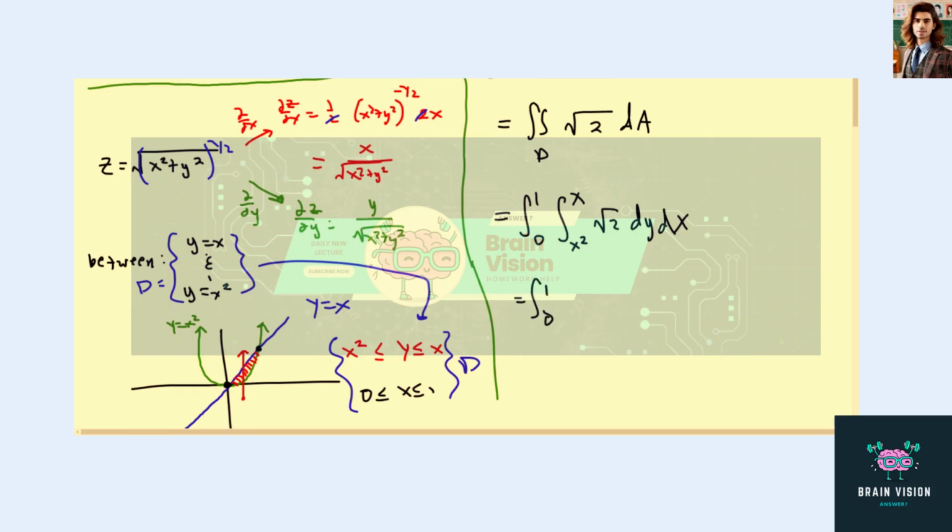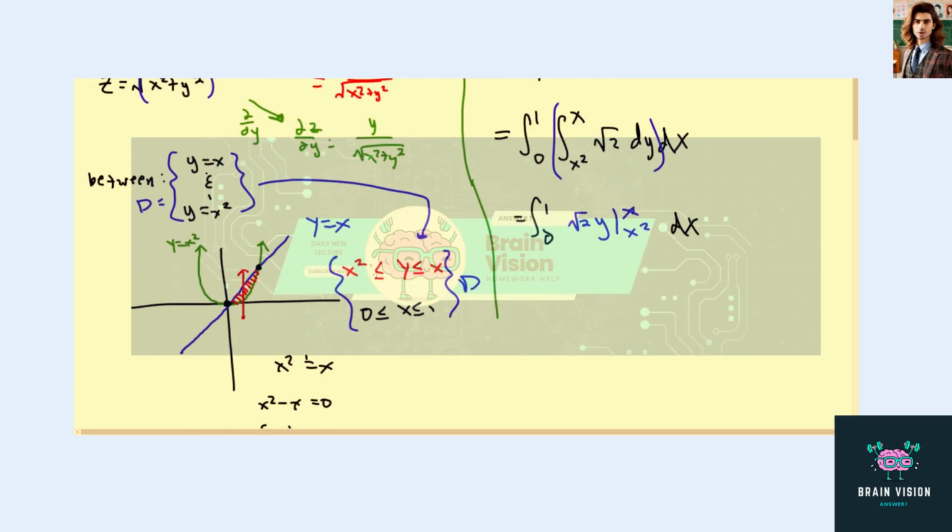Now if we integrate root 2, that's just a constant, so it would be root 2 y evaluated from x squared to x, which would just be x minus x squared. I'll pull that root 2 out, so root 2 times the integral from 0 to 1 of x minus x squared dx.